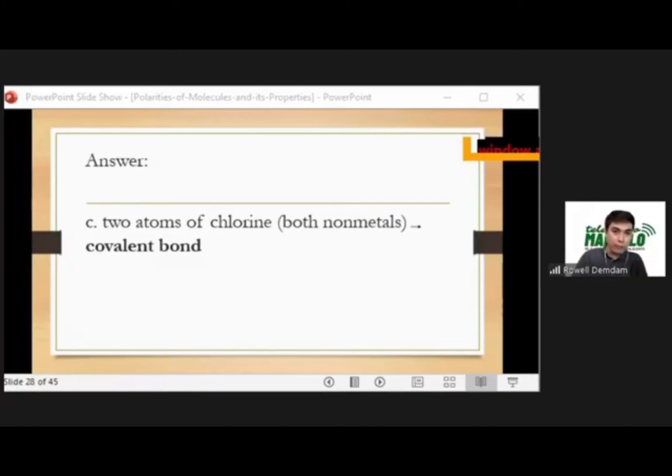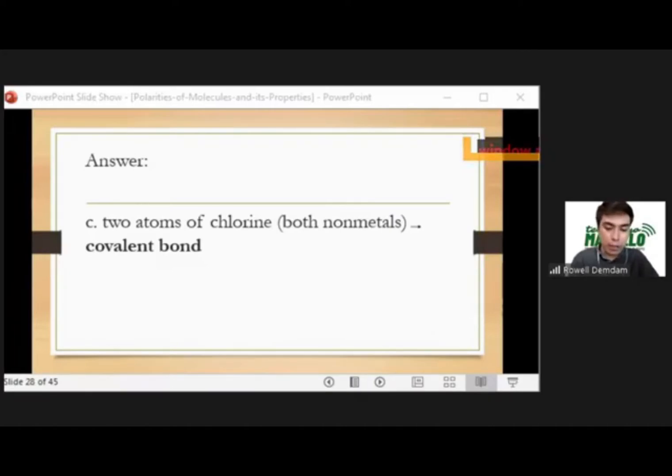Lastly, we have letter C. We had two atoms of chlorine a while ago. What do you think is the answer? If we have two atoms of any kind of element, it will give us an electronegativity difference of, what do you think, class?